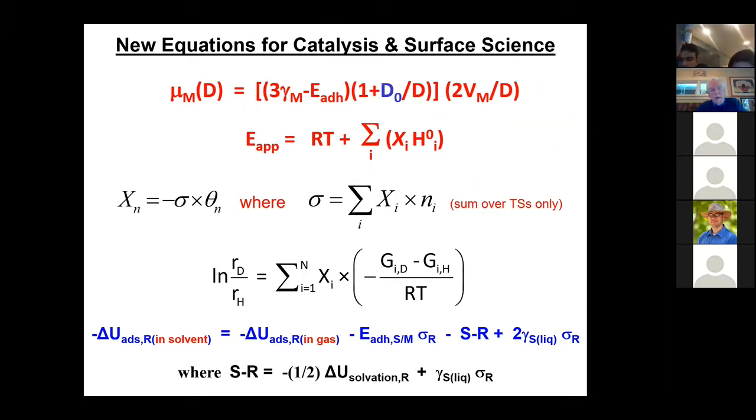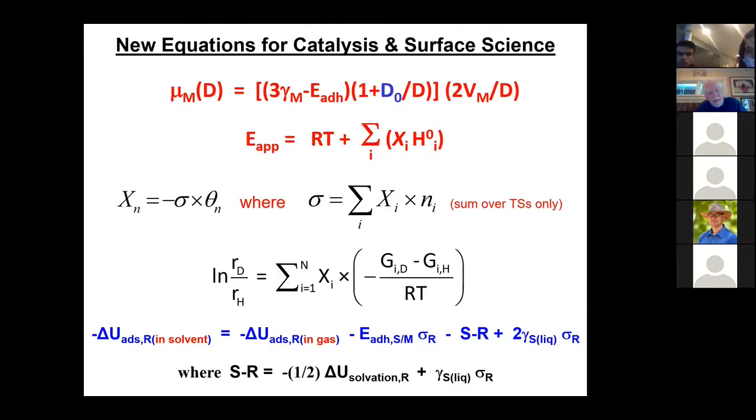The answer is I think we don't really know yet, and it makes sense on the one hand. What I said for an organic adsorbed on a surface in water, for example, because of the hydrophobic effect, even in the first layer you would want the organic to be in one area or patches on the surface and the water to be everywhere else, because the waters want to be together.